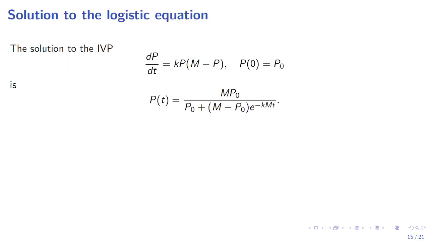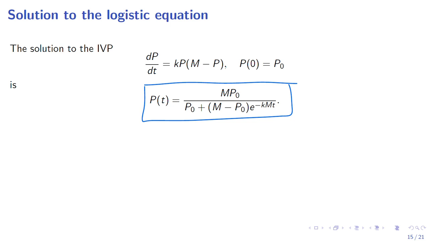So if I sum up what we have discussed so far, the solution to the logistic equation, which is given as dp on dt equals k times p times m minus p with initial condition p naught, is given in this form. That means you really don't need to perform the integral all the time.